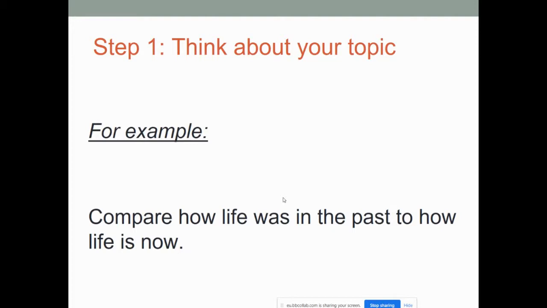So here actually I took an example. Compare how life was in the past to how life is now. So this is our topic today, to write a paragraph in this class.